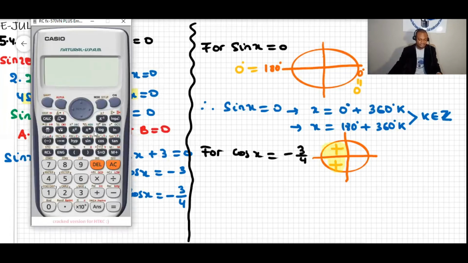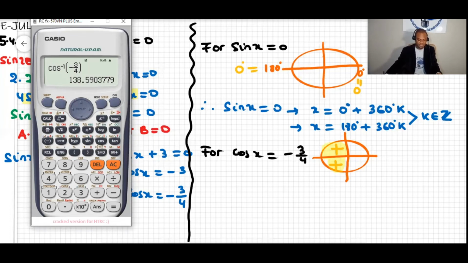So I press shift and then cos of negative 3 over 4, close bracket, equal. This is equal to 138.59 degrees.